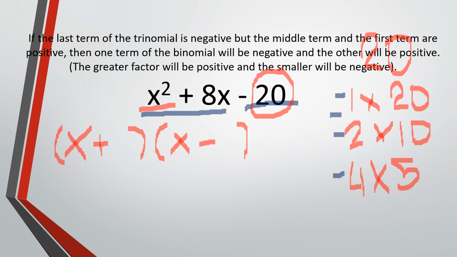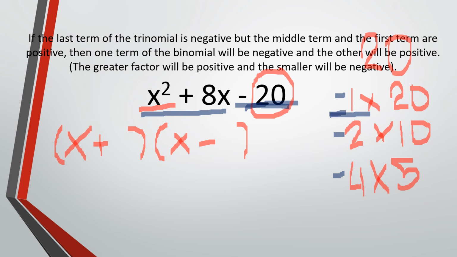Now, all the products of these numbers are negative 20. However, among these factors, we will find one pair in which the sum is positive 8.